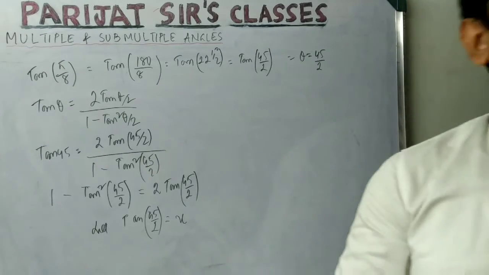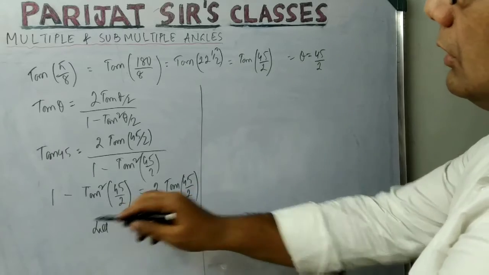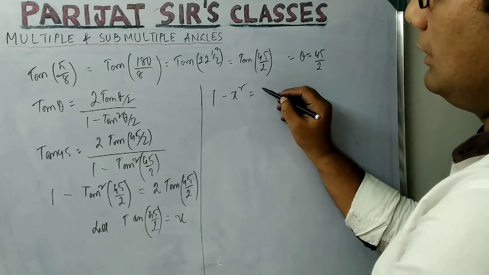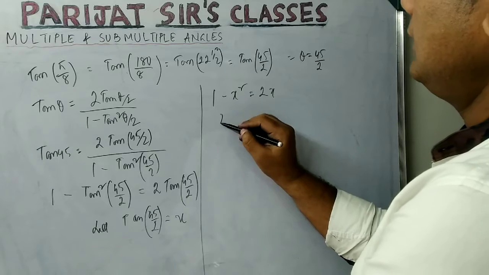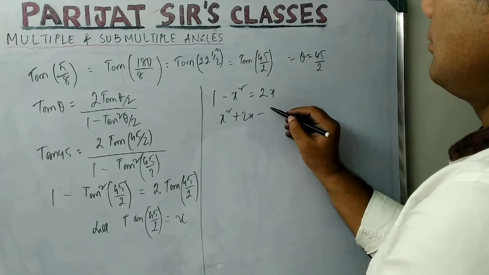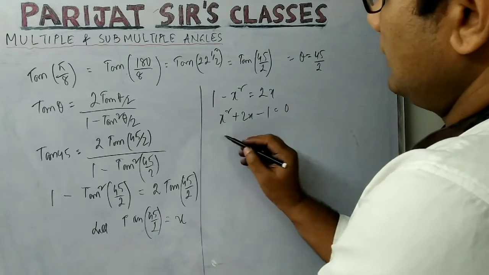So we can write it as 1 minus x square equal to 2x, that is x square plus 2x minus 1 is equal to 0. So let us calculate this.